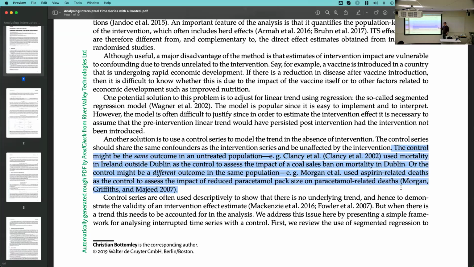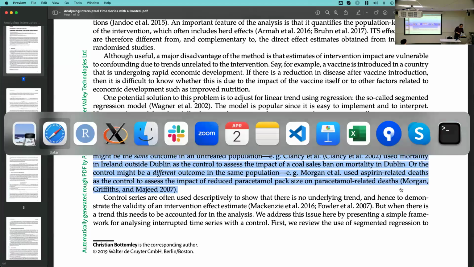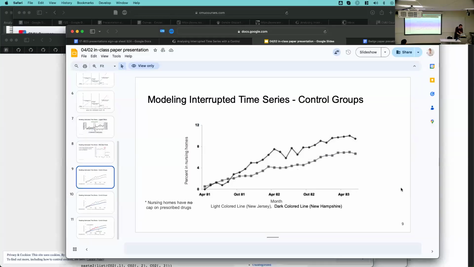Or, and this is very interesting, the control might be a different outcome in the same population. So aspirin-related deaths as the control to assess the impact of paracetamol. And I think, Owen, you had an example maybe in your deck, the nursing home thing, prescribed drugs.